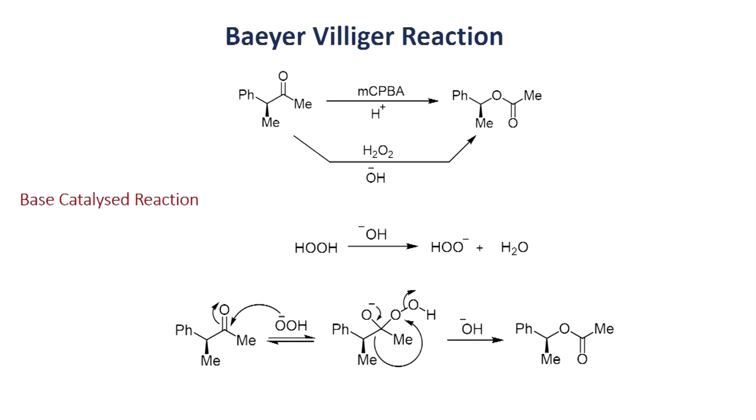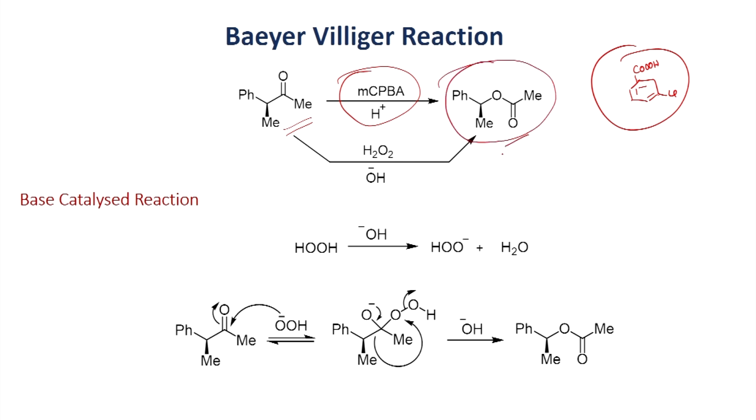The next reaction involves the rearrangement to electron deficient oxygen. Here the Baeyer-Villiger reaction is shown, when you have the ketone, for example, when you react with metachloroperbenzoic acid, it can produce this ester as the product.